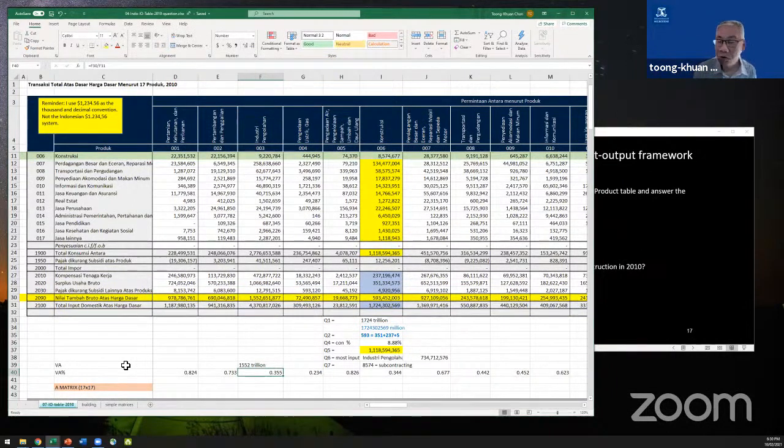So which one is more important for your country? You guys have to think about this. Is it important to have a high value add percentage, or is it more important to have a high value add number? Any suggestions?